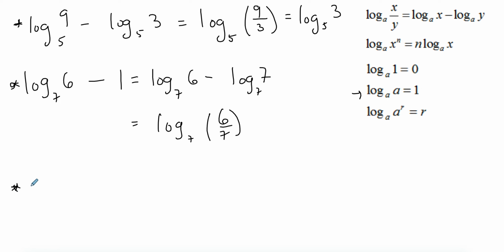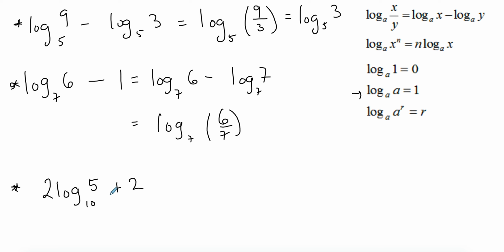And so we have 2 log base 10 of 5 plus 2. This plus 2 is not inside the log. Just to note, if it was part of this log, then they would have put brackets around it, so just be aware of this.